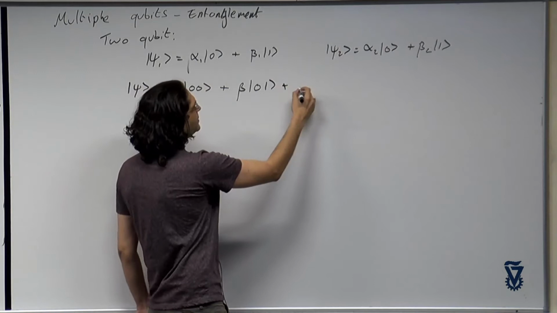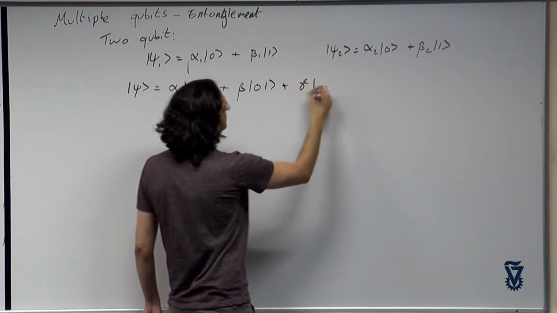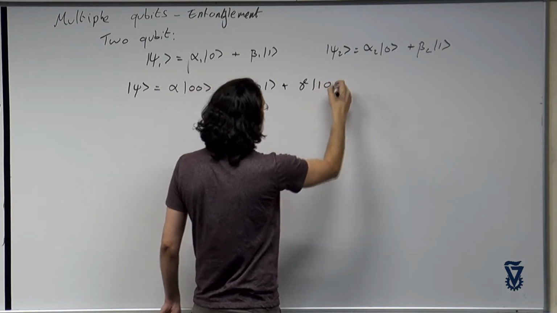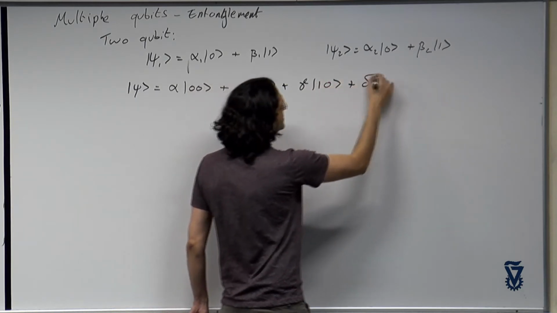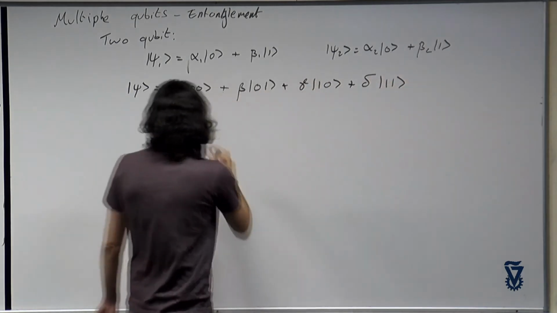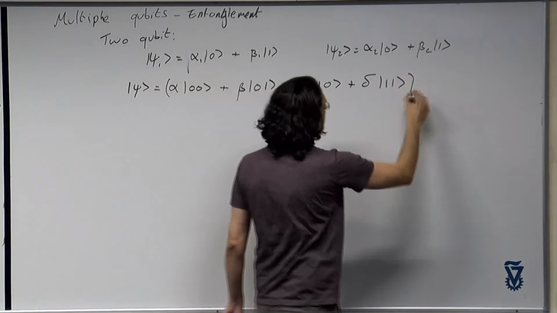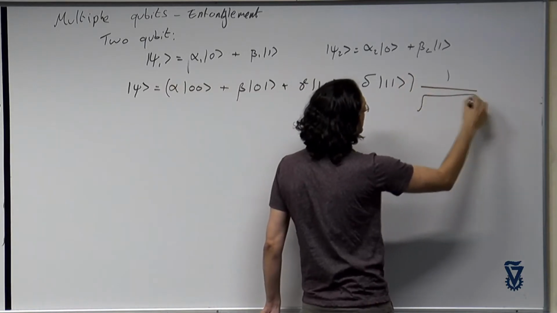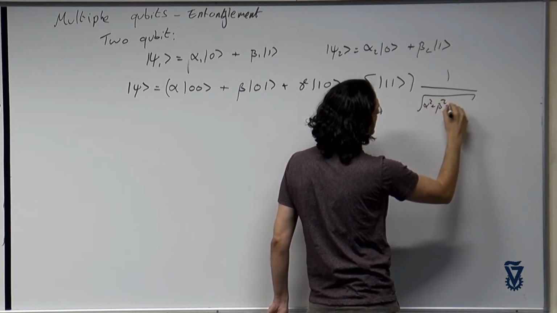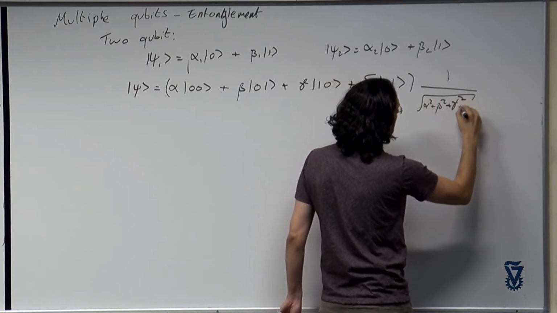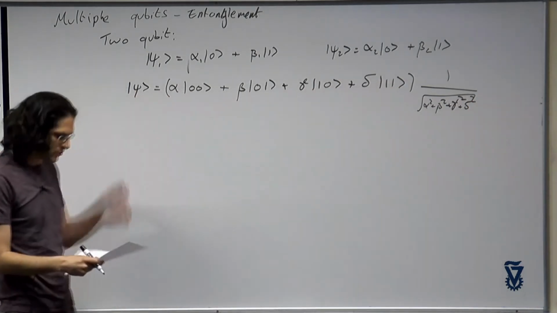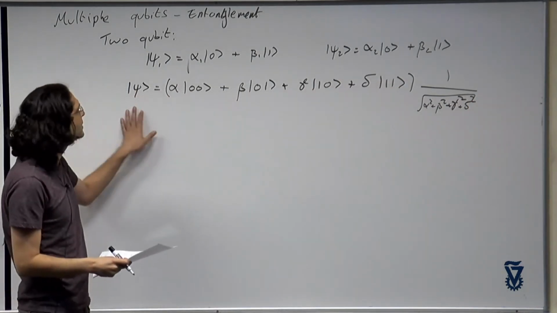And then some amplitude that qubit 1 is in state 1 and qubit 2 is in state 0, plus some amplitude delta that both of them are in the state 1. And of course we have to normalize all this, so 1 over the square root of alpha squared plus beta squared plus gamma squared plus delta squared. So this is the wave function in general that describes the 2 qubits.